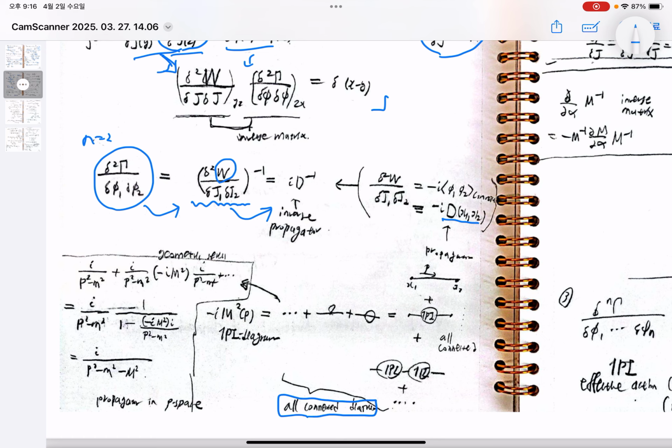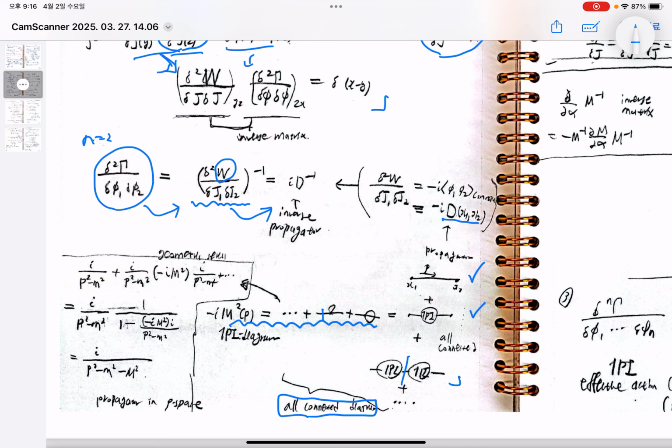All connected diagrams can be obtained by the geometric series of the 1PI diagram. So this is just the tree level, and this is the 1PI, which contains this diagram. 1PI diagram means that we cannot cut the diagram. So for example, this is a 1PI diagram.